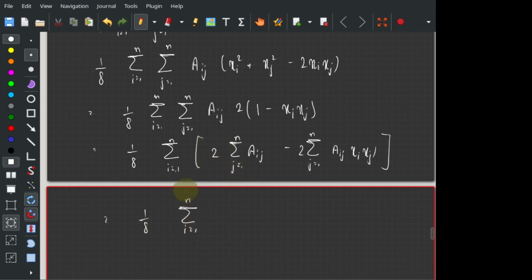I can take the 2 outside, which gives me a 1/4 summation i equal to 1 to n di, where di is the degree of vertex i, minus summation j equal to 1 to n aij xi xj.